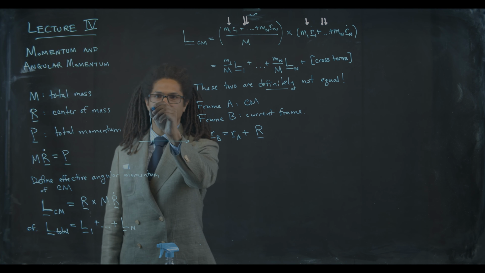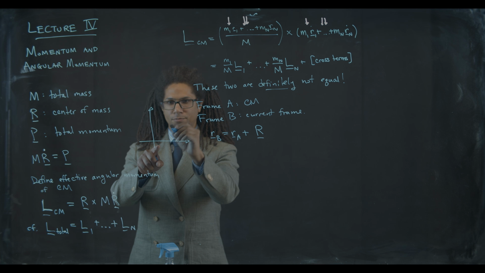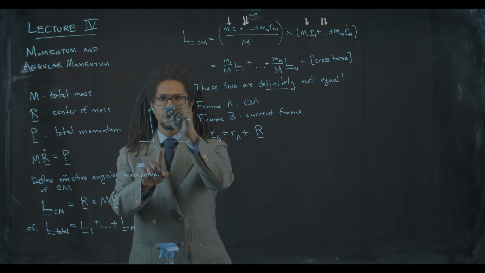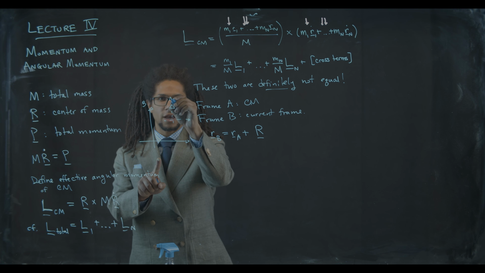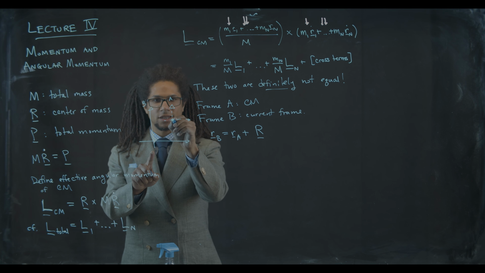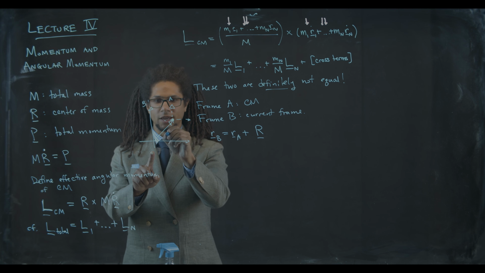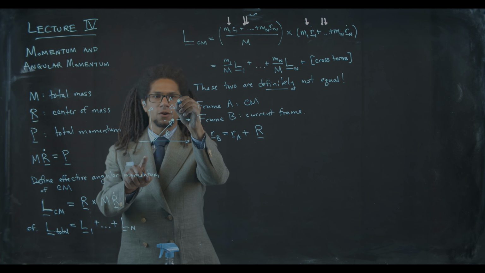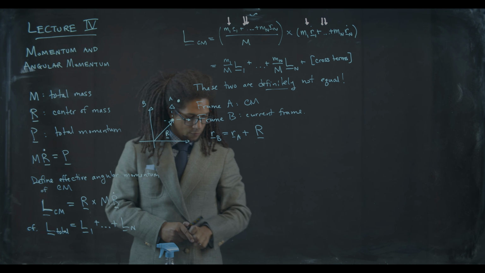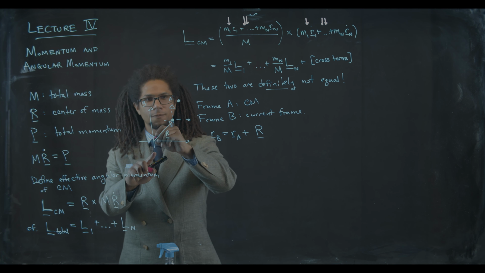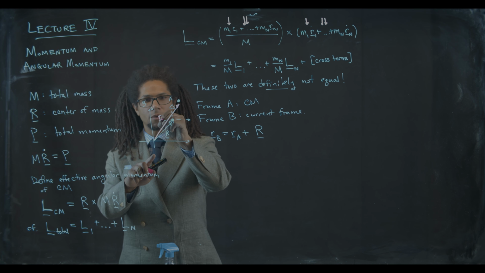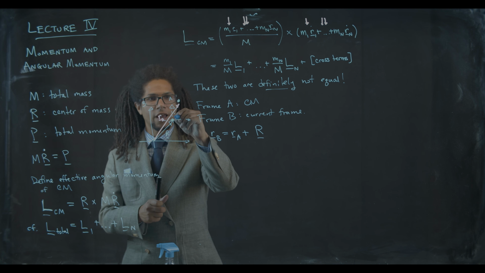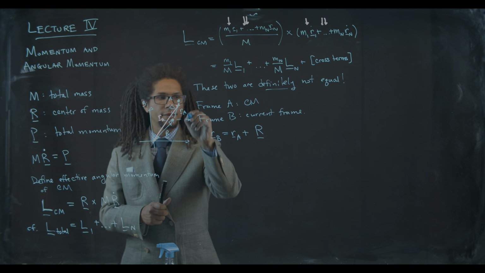So if this is frame B and this is frame A, here's B, here's A. Then this is the position of the center of mass in B. And suppose that we have a particle or an object that's right here. So its B vector is this R_B. And to get there, we just add R and its A vector, R_A.